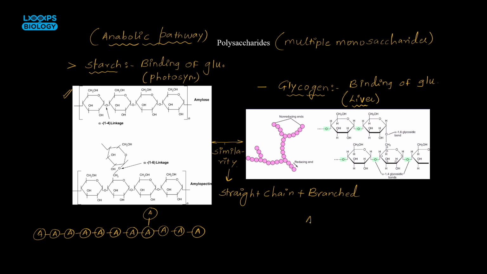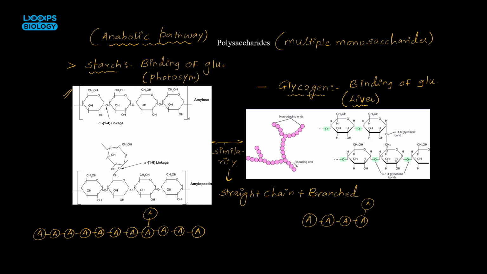But in glycogen, only 2 to 3 units are present before there is again a branch. So the number of repeating units between the branch intervals differs in starch and glycogen.